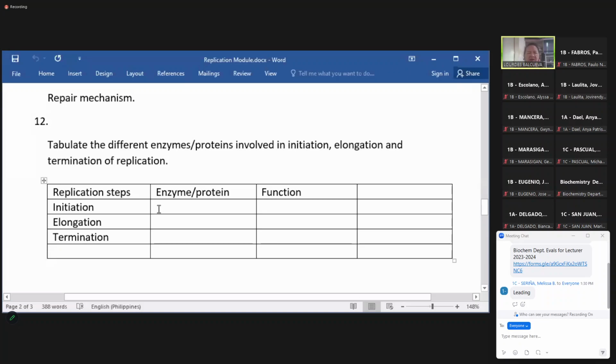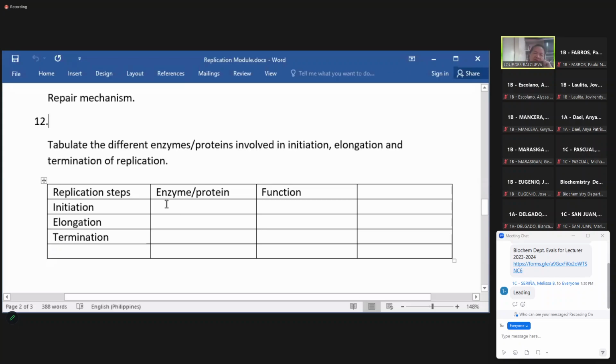MCM. MCM. What's the function? Responsible for unwinding po the two DNA strands to separate them. Yes. Who else? Another enzyme? Primase po. Primase? Yes. Function? It initiates synthesis of RNA primers po.